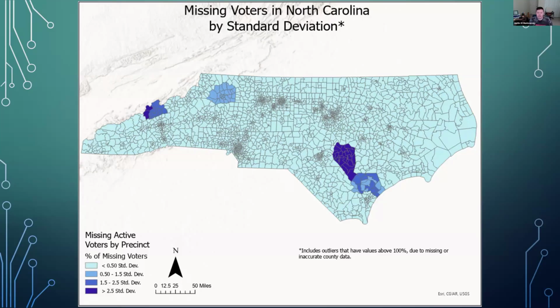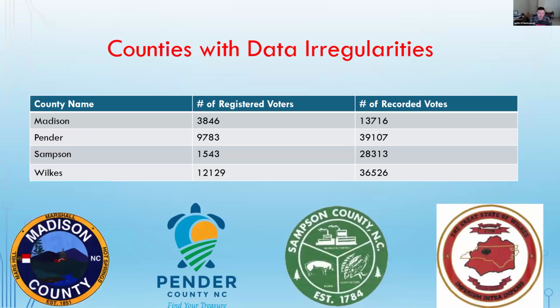Essentially, what happened here is there are data irregularities. I'm sure something in the database just isn't updated. I'm not saying there's any fraud or anything like that, but these 4 counties, Madison, Pender, Sampson, and Wilkes, have fewer registered voters than they have recorded votes. So when I did the math, they were in the thousands of percents instead of 1 to 100.